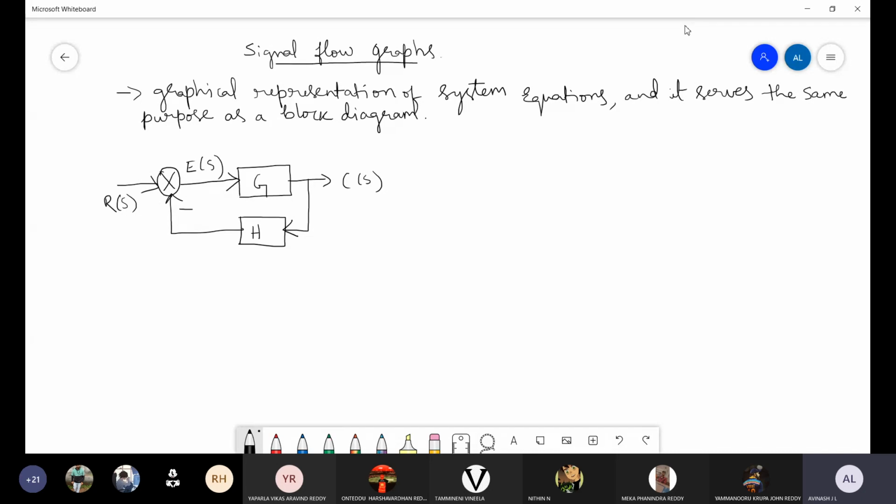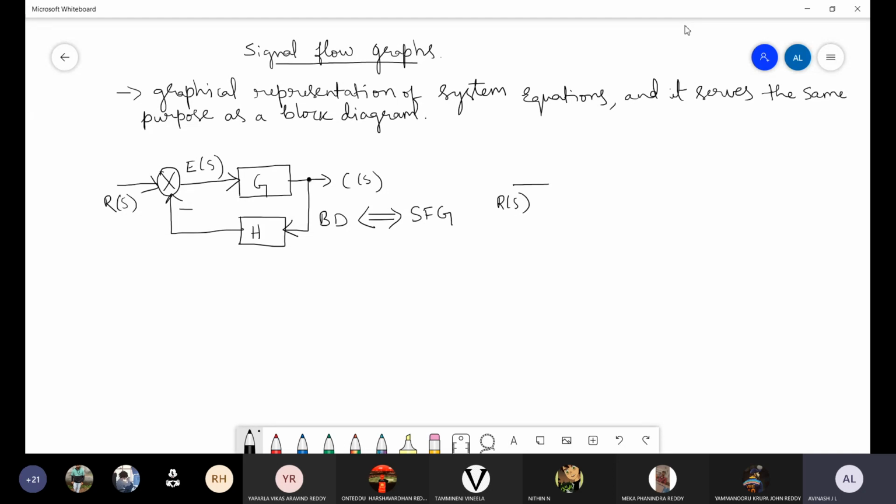Now the corresponding signal flow graph is represented as SFG, and I will abbreviate the block diagram as BD. For the input, R of S is there, so you take R of S. In the block diagram, wherever the summing point and wherever the takeoff point come, those act as the nodes.